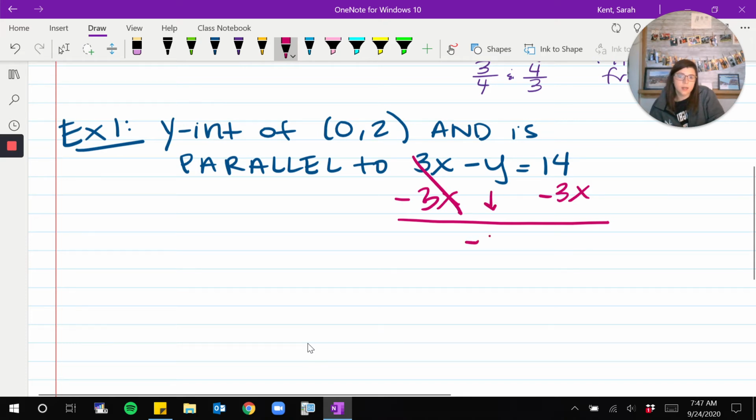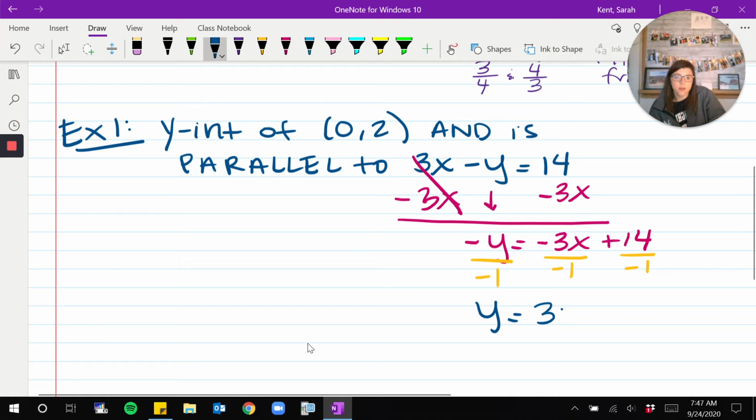I get negative y equals negative 3x plus 14, and I still have my negative, so I need to divide by negative 1. For my final equation, I will get y equals 3x minus 14.